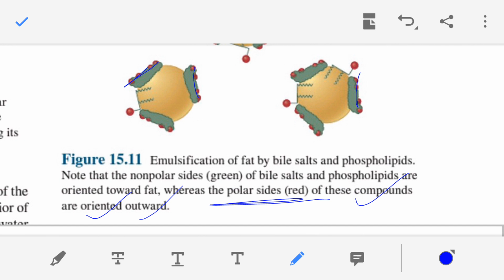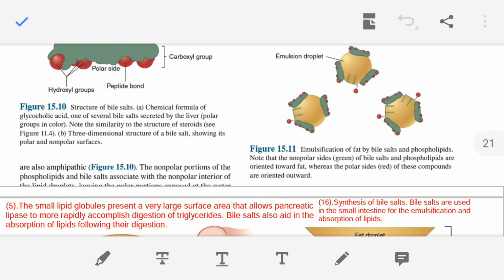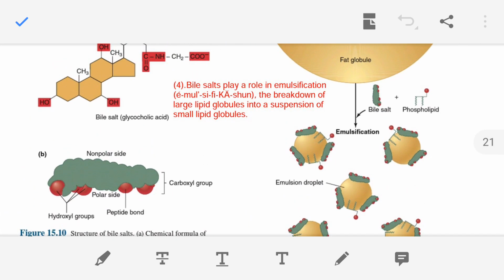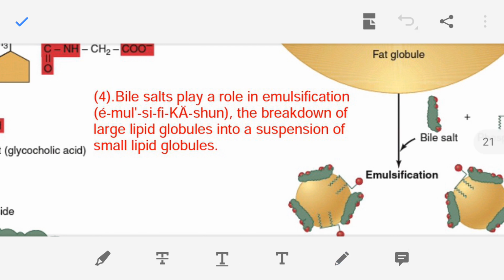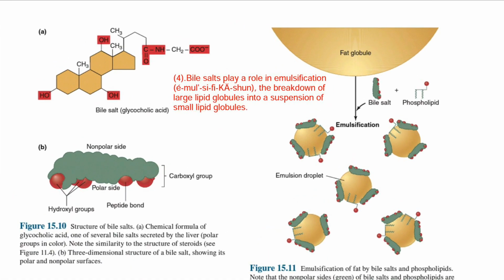So this red part, which is the polar side, is away from the fat. That is the meaning of this figure. So this is the role of the bile salt, how the bile salt is involved in the emulsification process. This is a very nice figure, and with the help of this figure you can understand the role of bile in the emulsification process.